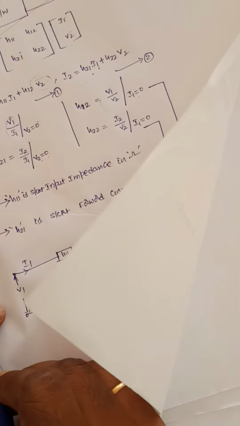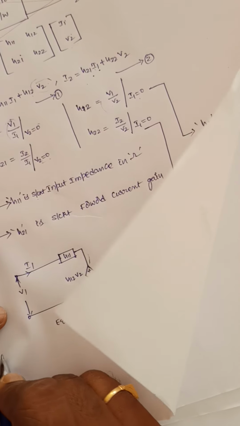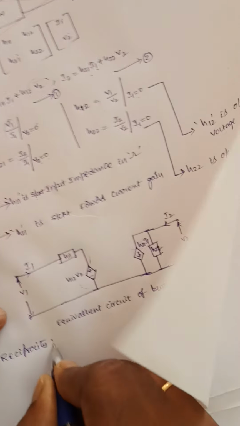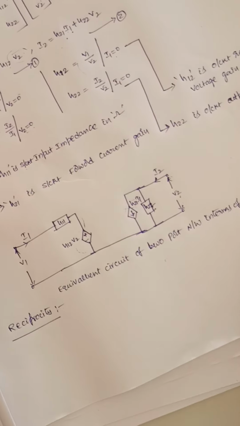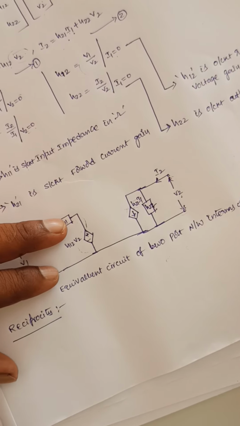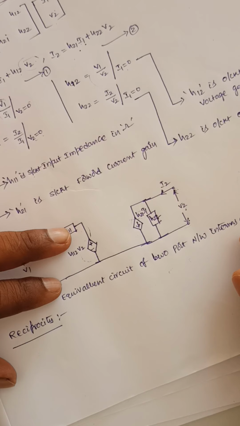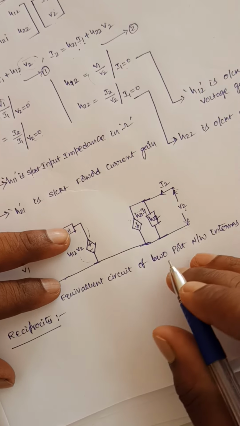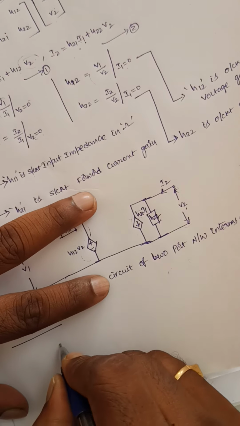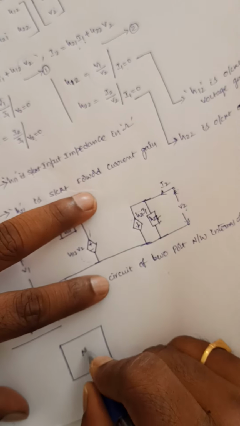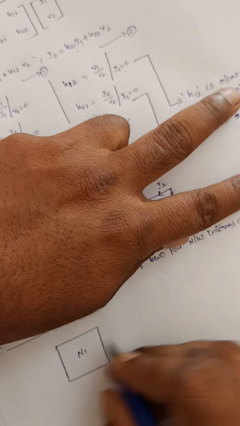So, for reciprocity, the networks are said to be reciprocal if and only if the excitation at one port, that means, you see, this is one network. Let us take it is N1 network or two-port network.